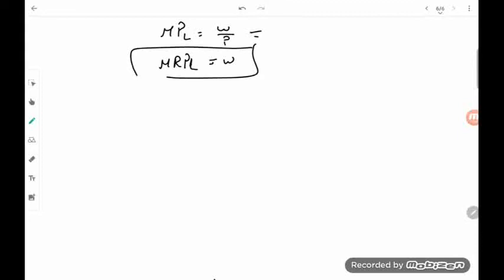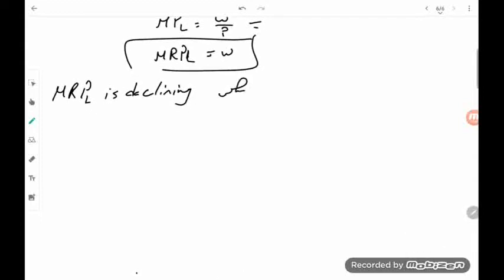So why is marginal revenue productivity of labor declining? Marginal revenue productivity of labor is declining because capital stock is fixed, which means that added workers have less capital or equipment to work with.